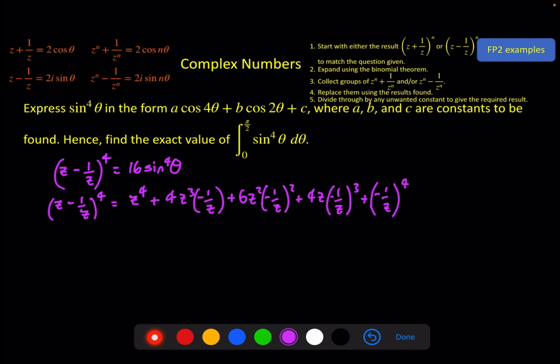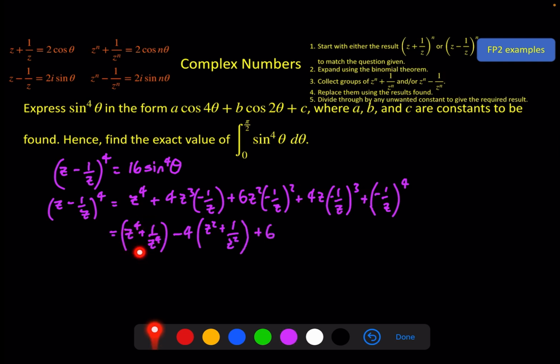Simplifying and collecting the results, we get z power 4 plus 1 over z to the 4 minus 4 z squared plus 1 over z squared plus 6.